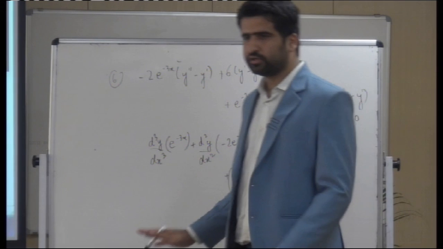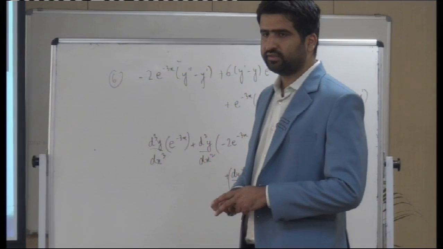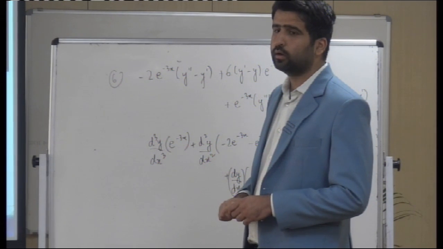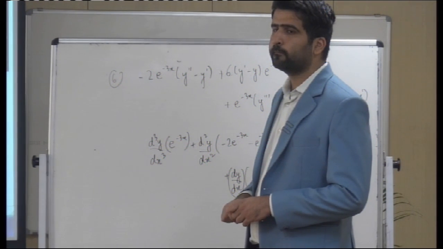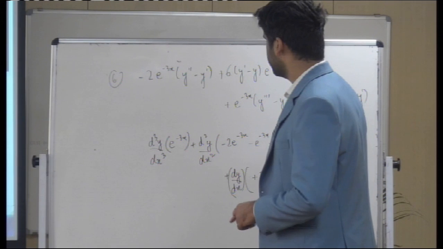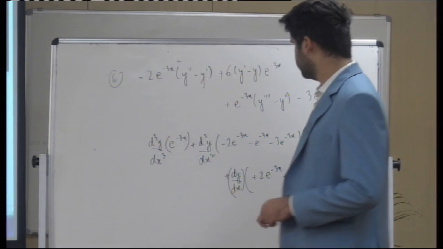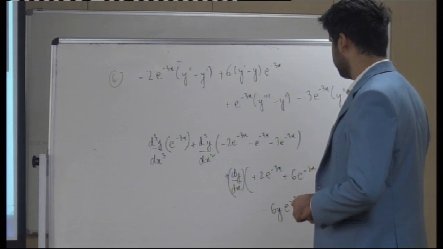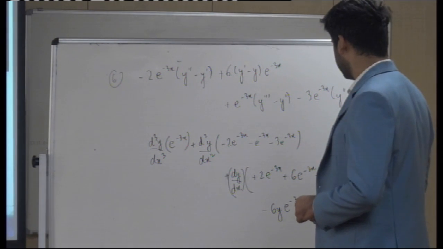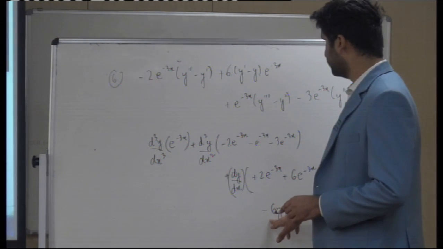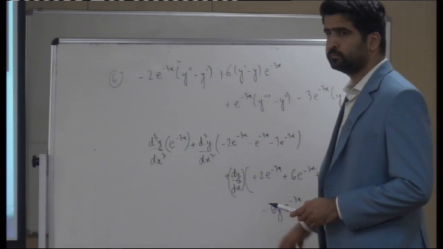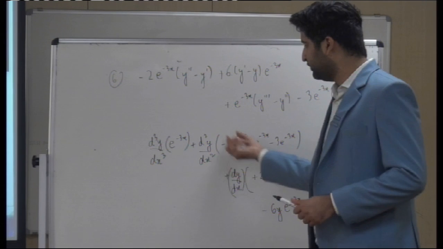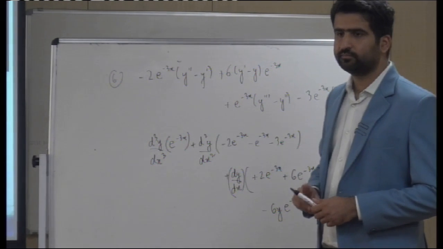What is the final equation? d3y upon dx3 minus 3, this is 6. Okay, I was saying that can't we take this e to the power minus 3x common from all this, right?